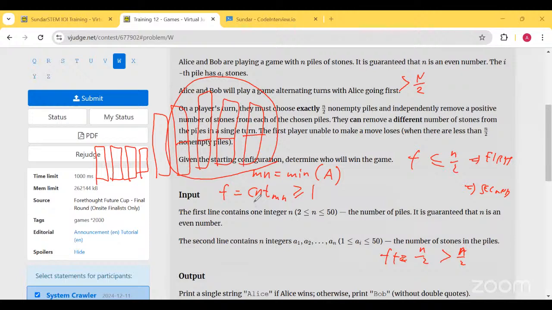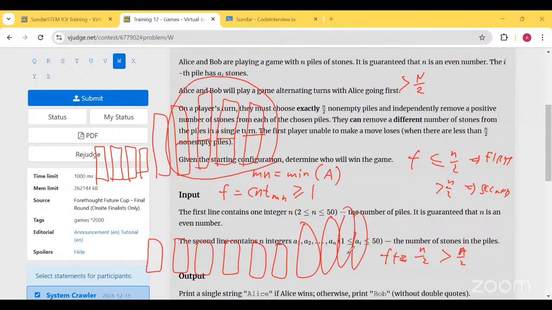Yes. All right. And then the next player, if the number of minimum is greater than n minus 2, that's why, sorry. In that case, when we choose n minus 1 piles, one of them is equal to the minimum.